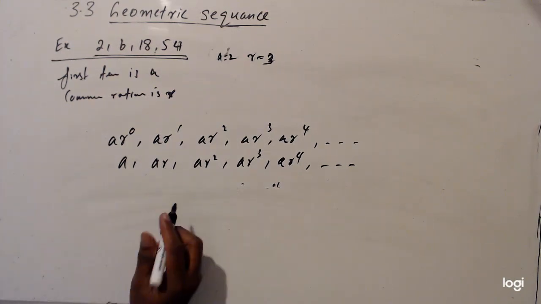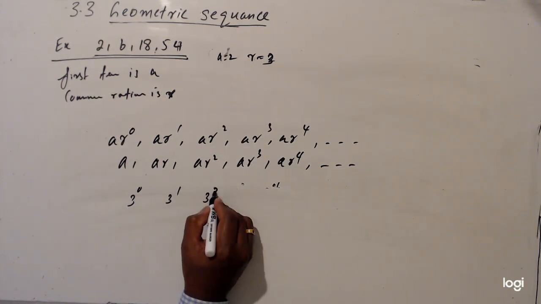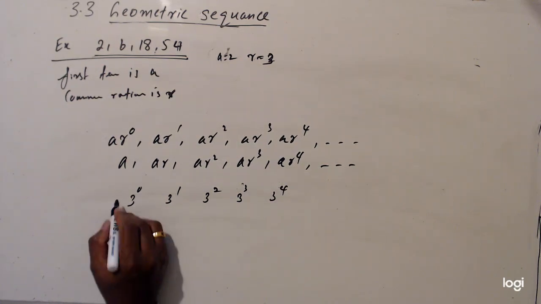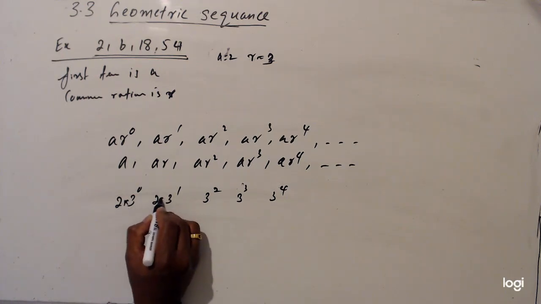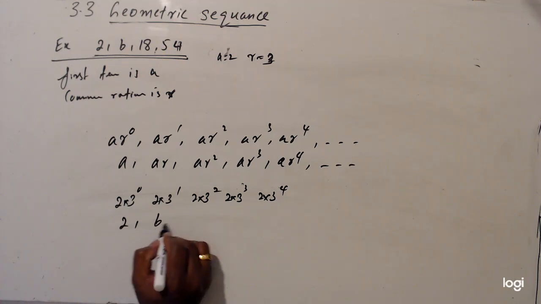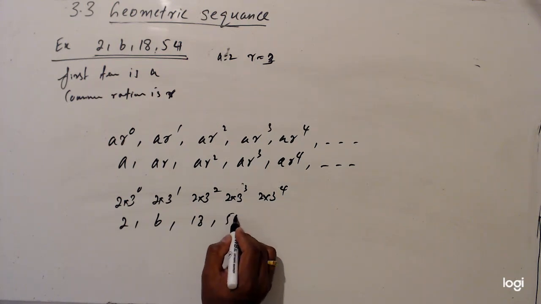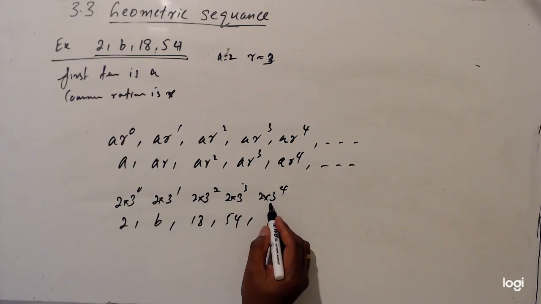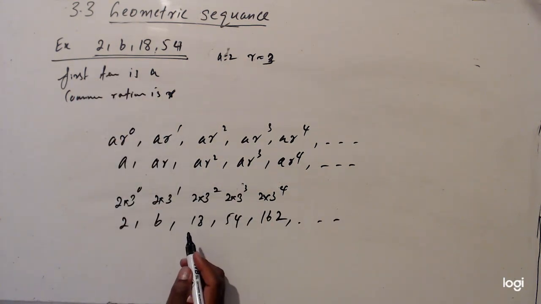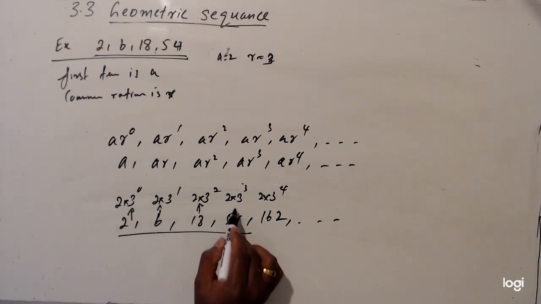Then ratio 3 to the 0, 3 to the 1, 3 squared, 3 cubed, 3 to the 4, and the first term is 2, so this is going to be 2, this is 6, and 9 times 2, 18, and 27 times 2, 54, then 81 times 2, 162, likewise. So this sequence we can write in this form.